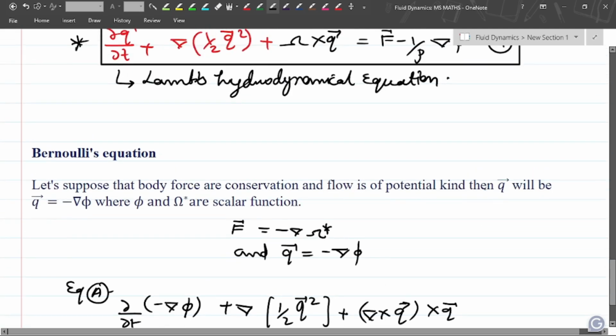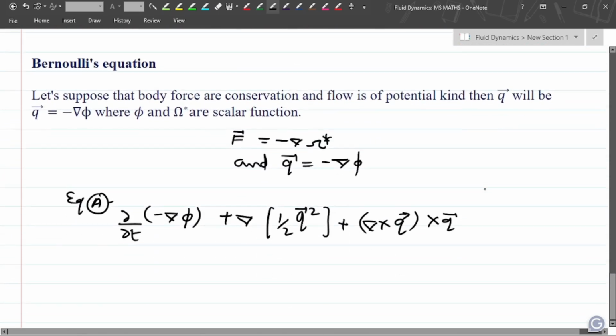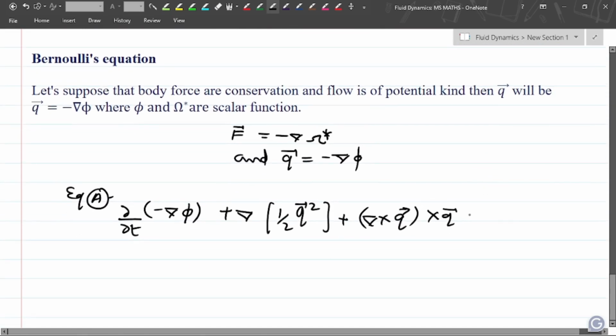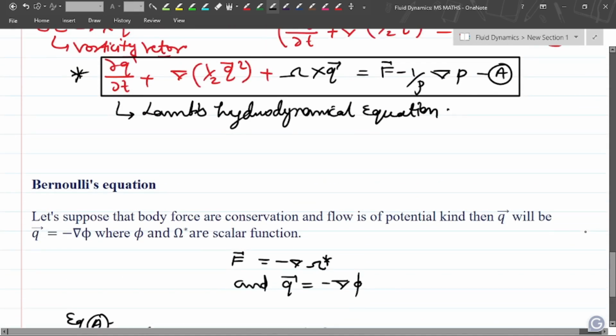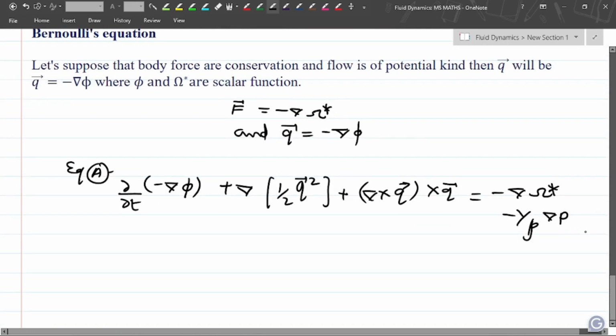We have this because we have considered that the term is equal to minus del omega star minus 1 upon rho del p. So basically we are replacing this with the external force, so body force is conserved, that will be omega star. These two, omega star and phi, are both scalar functions.